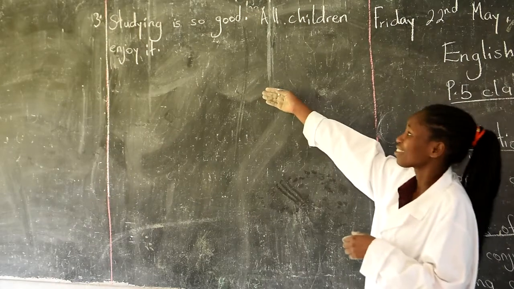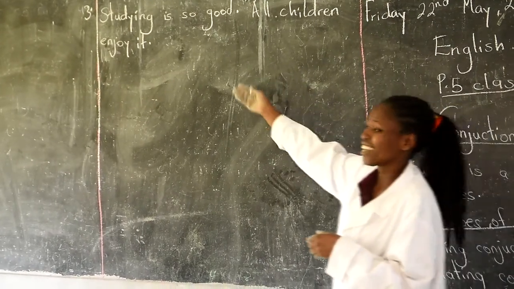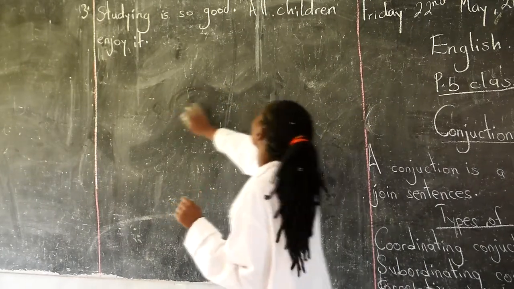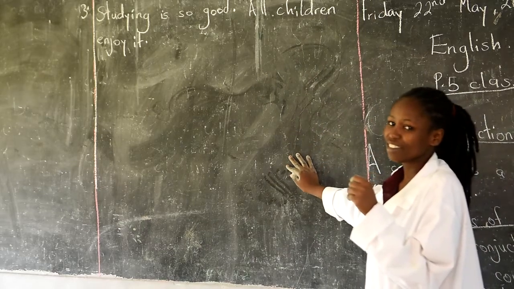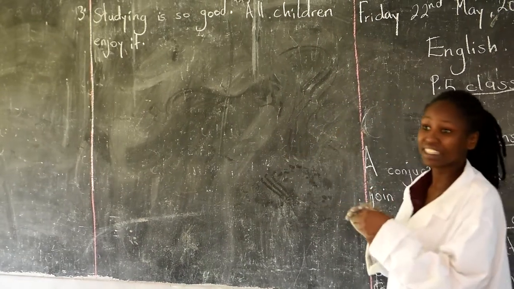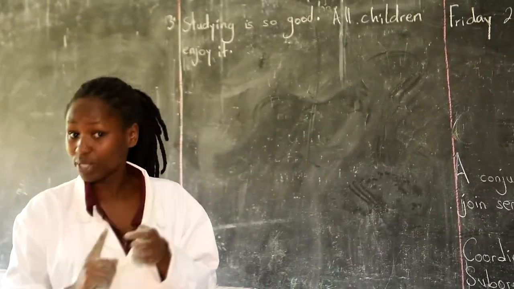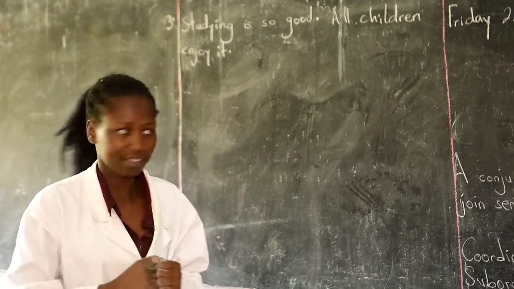Studying is so good, isn't it, kids? Studying is so good. That is our first sentence. All children enjoy it. That is our second sentence. We are going to join it into one sentence using such that.